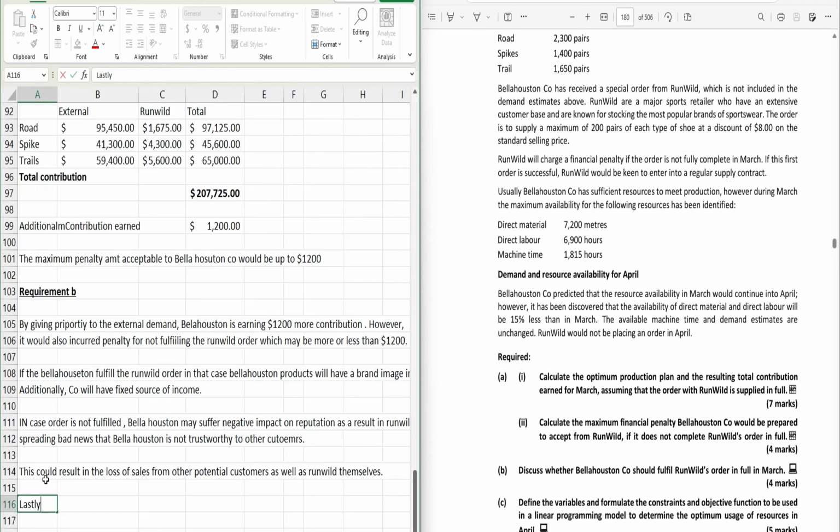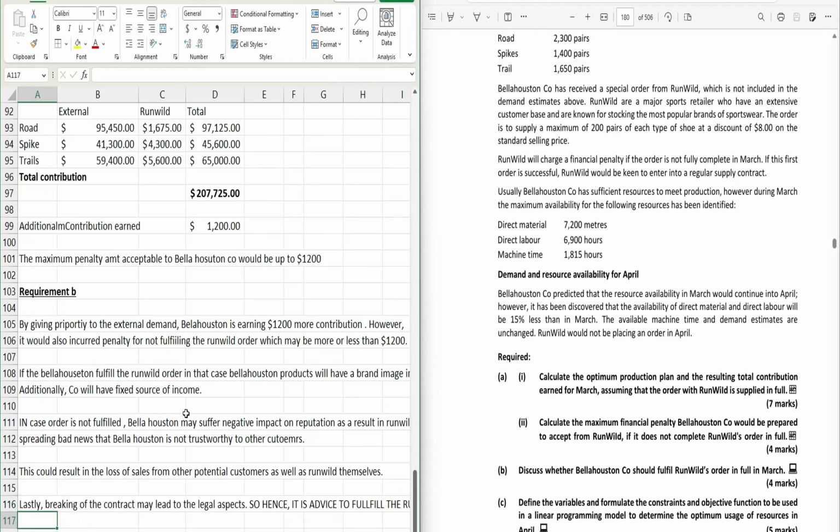Lastly, breaking of the contract may lead to legal aspects. So, hence, it is advised to fulfill the Run Wild order in full.